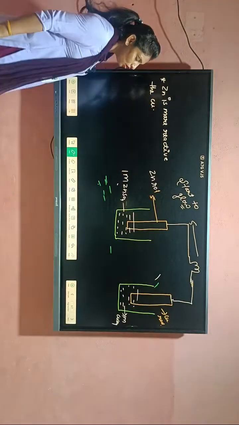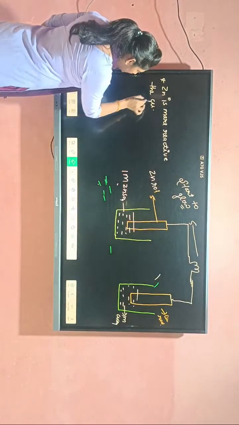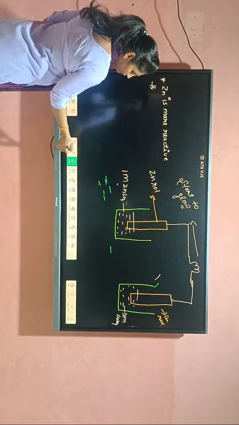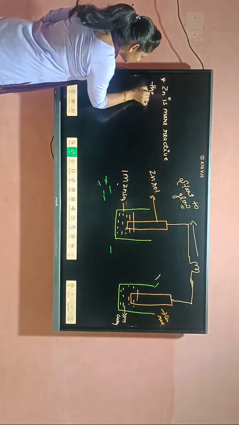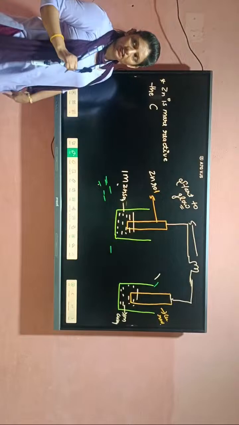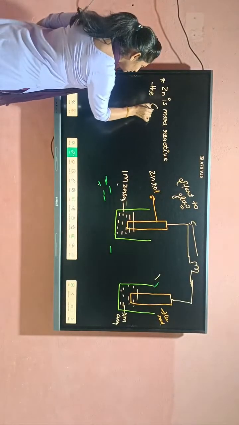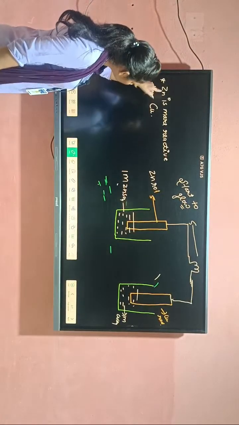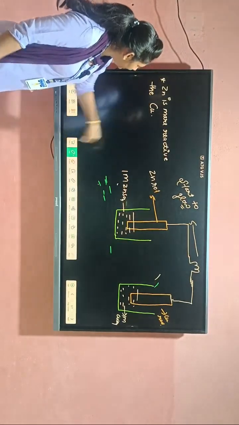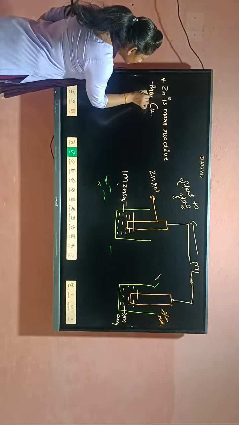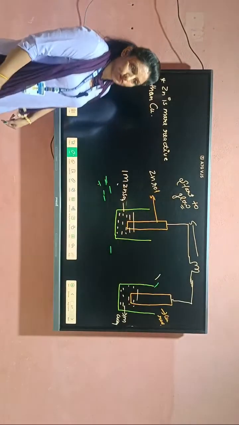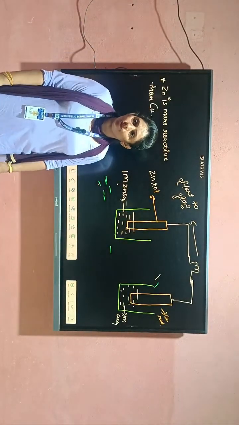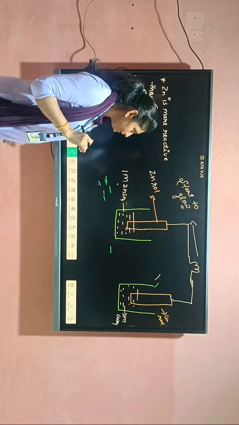If you are writing the symbol and the symbol has two letters, then the first one you will write capital and the second one in small letters. Here students, zinc is more reactive than copper. So zinc can replace copper. What will happen?